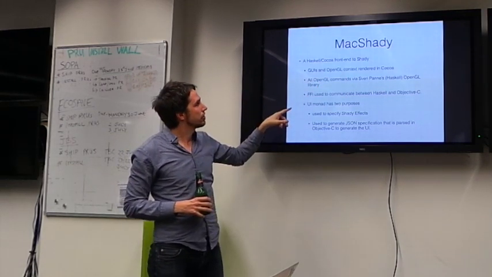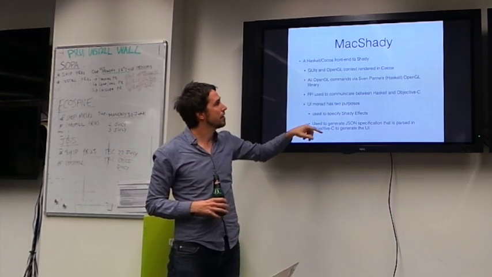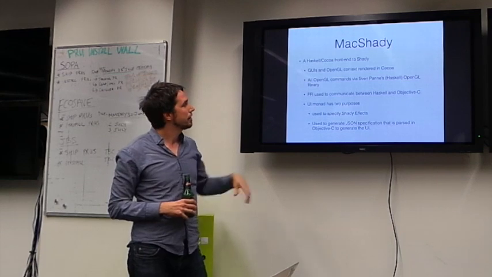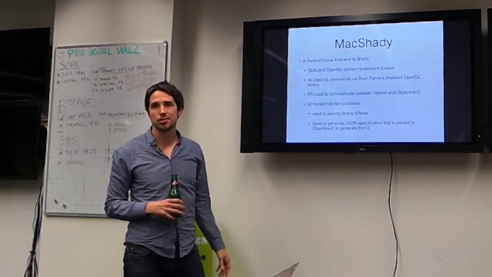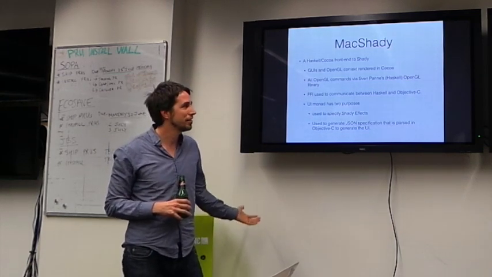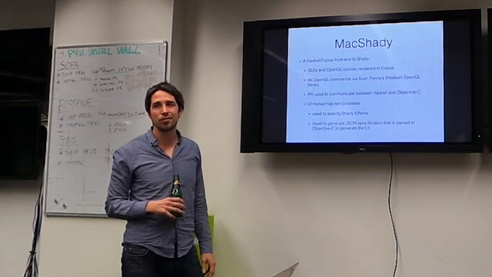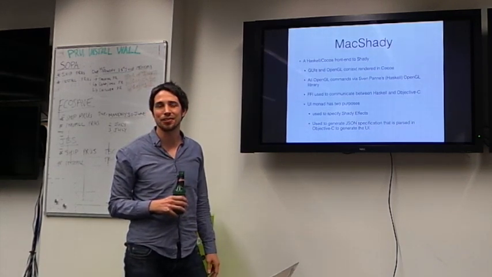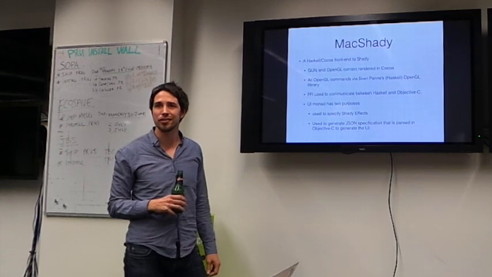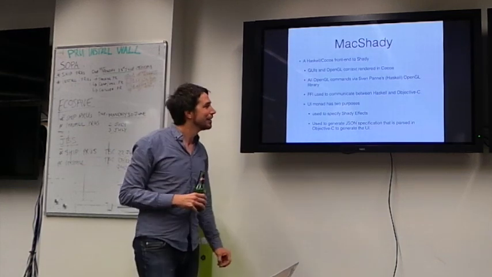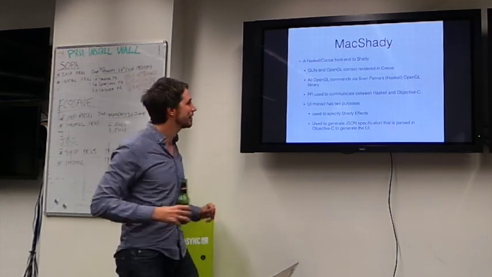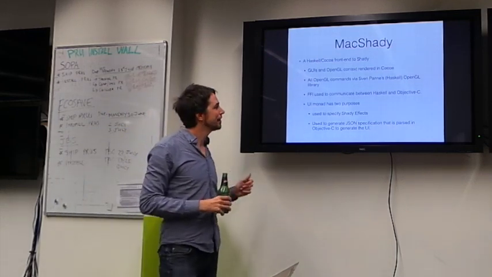And all OpenGL commands are actually done in Haskell via Sven Panne's OpenGL library. FFI is used to communicate between the two, which actually isn't that hard. Surprisingly, the bulk of the implementation effort was just me learning Objective-C and learning Cocoa, and it was annoying. Let me tell you that. But learning anything new is annoying, so I'm not going to blame Cocoa that much for that.